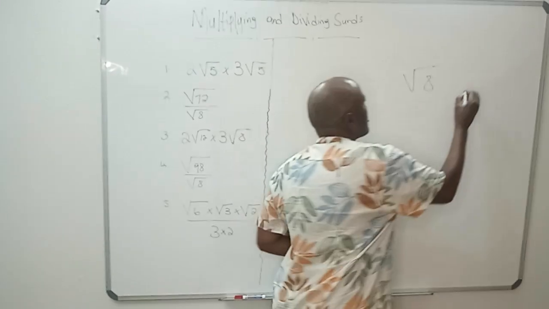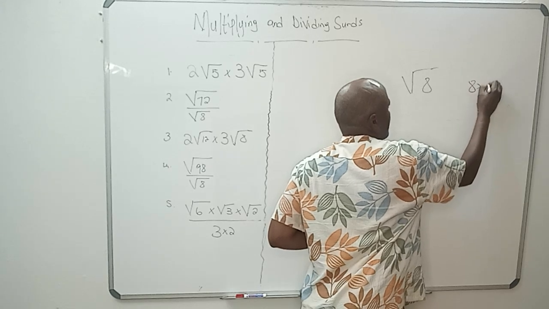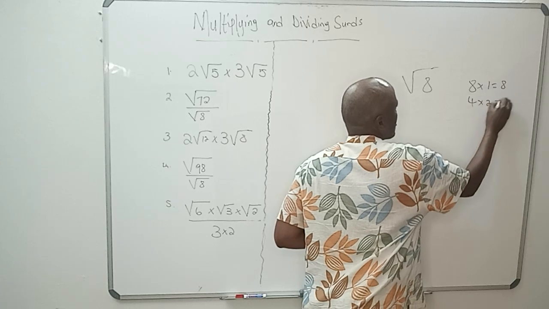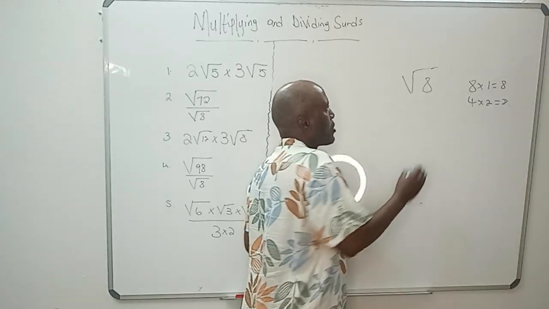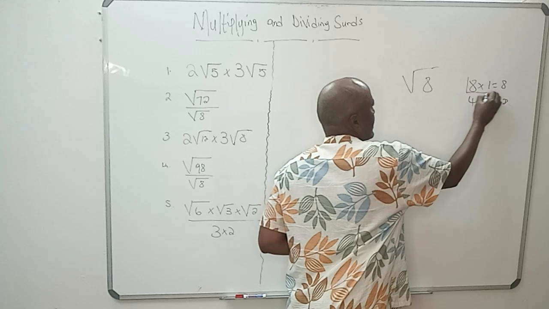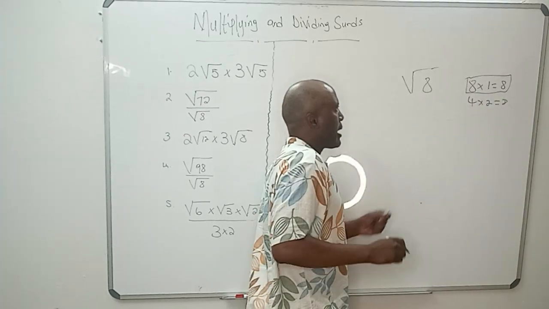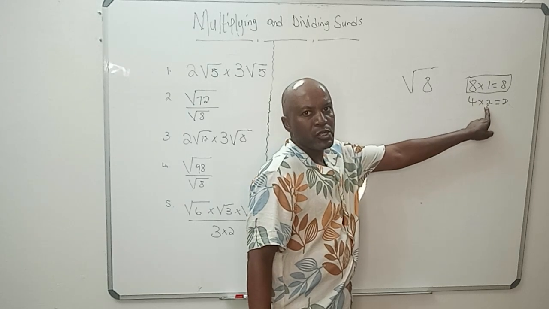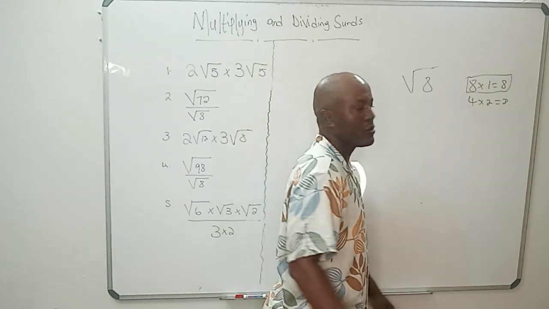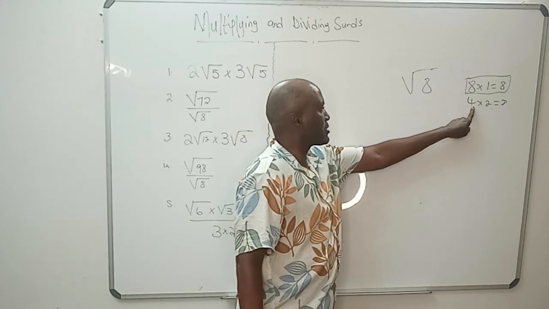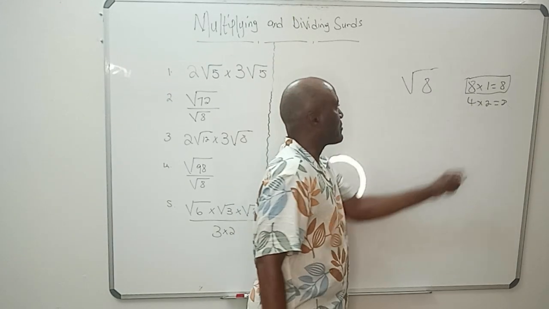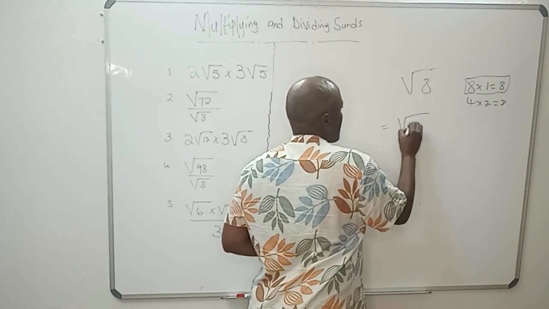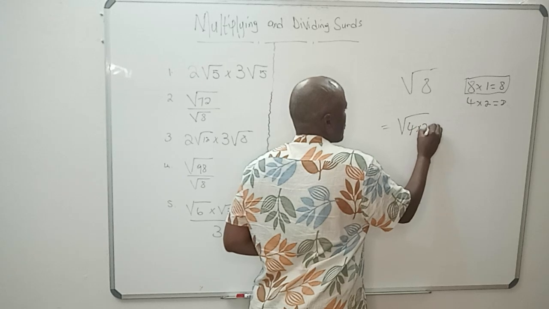So factors of 8: 8 multiplied by 1 equals 8, 4 multiplied by 2 equals 8. So we cannot take this, because 8 is not a perfect square. We rather take 4 and 2, because 4 is a perfect square and 2 is a prime number. Therefore, this will be the square root of 4 multiplied by the square root of 2.